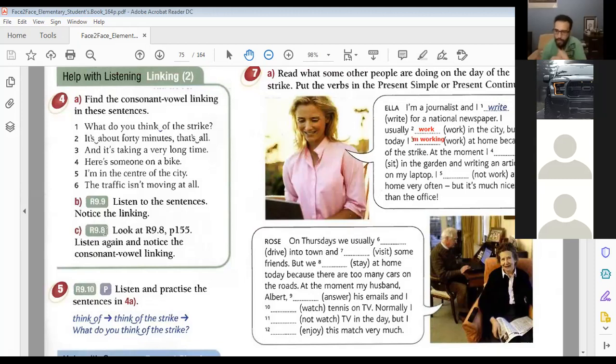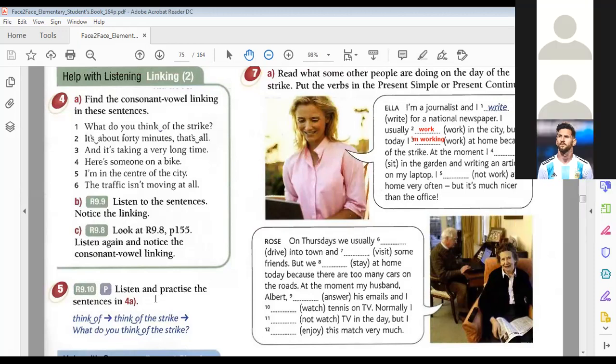Selma, would you like to complete from number 4, at the moment? Selma, are you there? Okay. Start from at the moment. At the moment, I sitting in the garden and writing an article on my laptop.